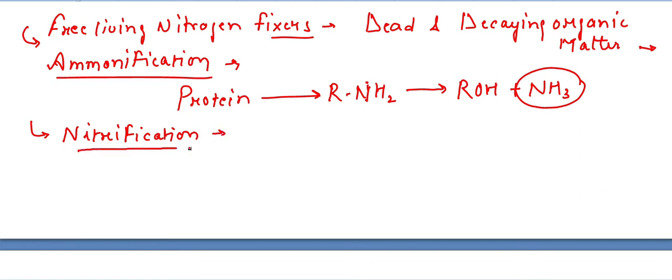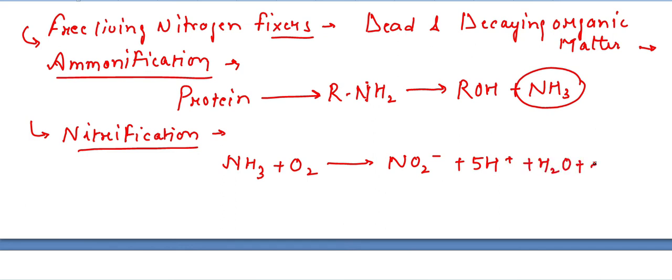Right now, what we are discussing? We are discussing the free living nitrogen fixers, or you can say the free living nitrogen fixation. So here first the nitrite formation takes place. Ammonia gets converted into nitrite, and after that this nitrite gets converted into the nitrates.